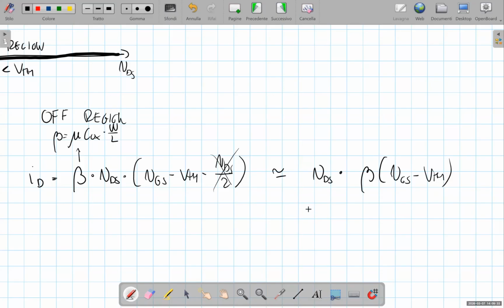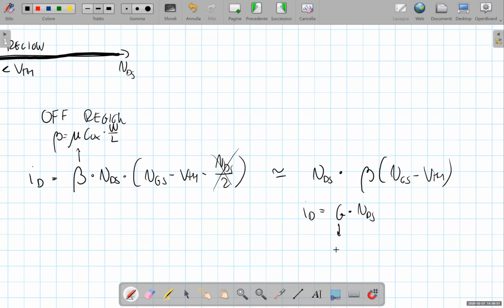This expression resembles the expression of a conductor in which the current is proportional to the voltage across the conductor, and the proportionality constant is the conductance measured in Siemens.